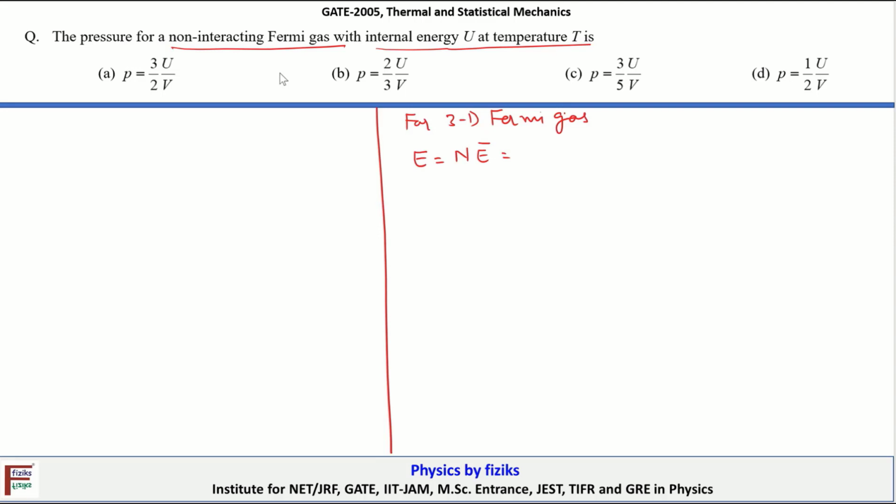That is equal to 3 by 5 times n multiplied by the Fermi energy. Here we have made use of the fact that the average energy per fermion is equal to 3 by 5 of the Fermi energy.